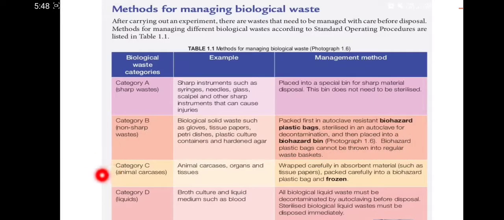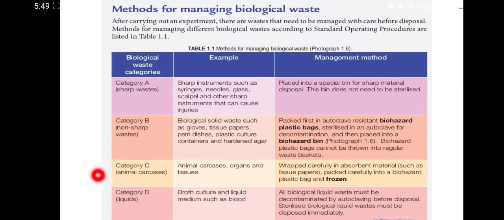Category C is animal carcasses, like organ, tissue, semualah yang kita gunakan, for example in our experiment. So need to be wrapped carefully, lepas itu pack carefully into a biohazard plastic bag and frozen before disposal. Kategori D, liquids.